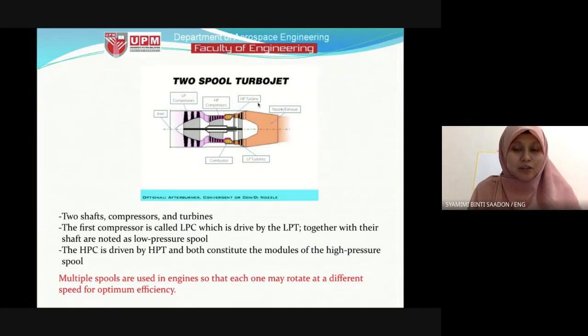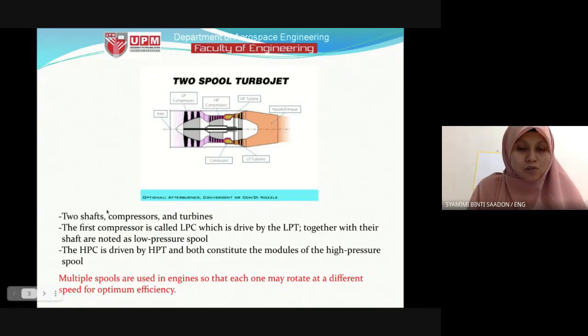HP turbine, high pressure turbine, and last one LP turbine, low pressure turbine. So for the two spool turbojet engine, the extra components are the low and high pressure compressor and turbine. So the turbine and compressor are divided into low pressure and high pressure.